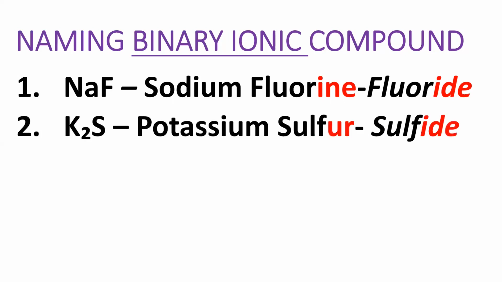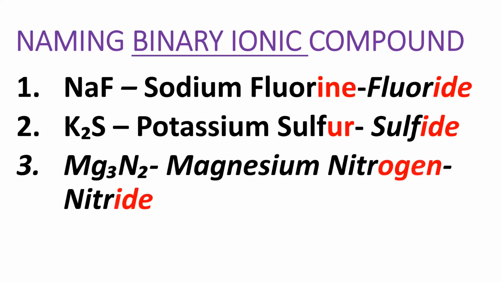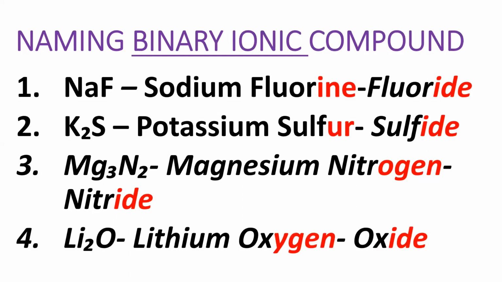Same thing happens with potassium and sulfur, which turns into potassium sulfide. And last, magnesium and nitrogen turns out to be magnesium nitride. I have another here, lithium and oxygen. You may call it lithium oxide.